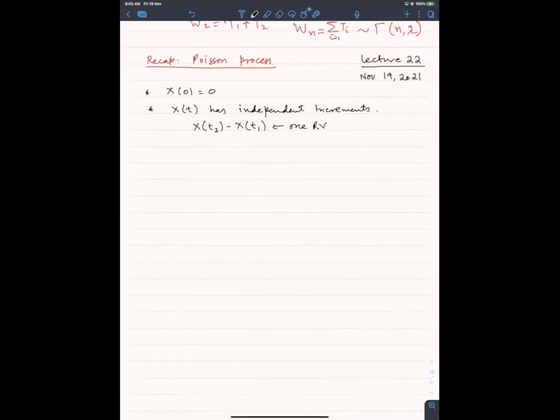X of t2 is one random variable, minus X of t1 is another random variable. And when you take the subtraction of two random variables, you will get another random variable. And X of t2 plus tau minus X of t1 plus tau is also one random variable. So these two are going to be independent.